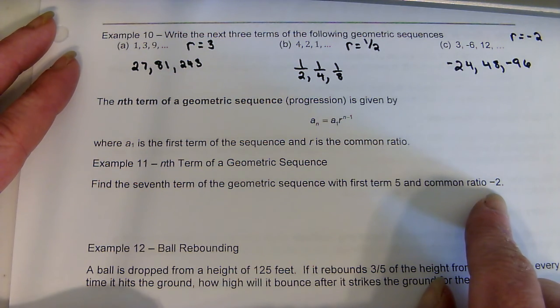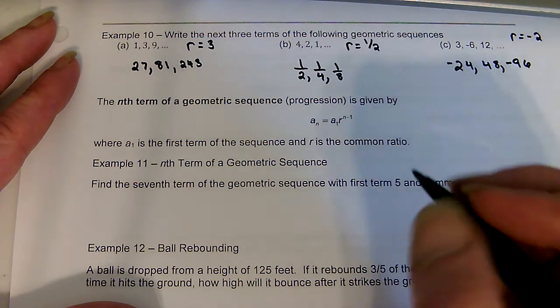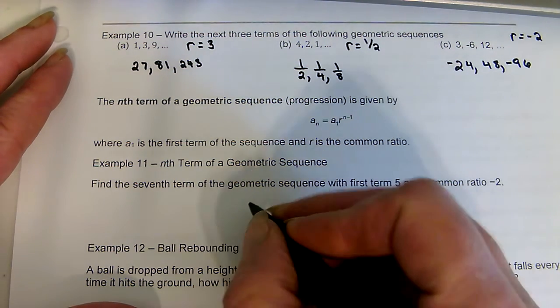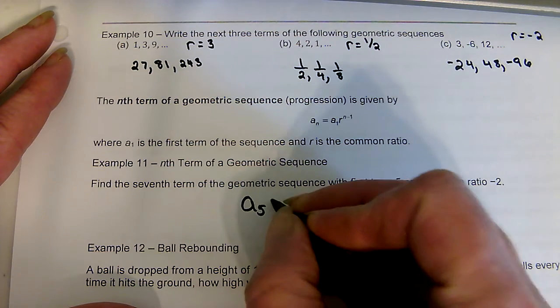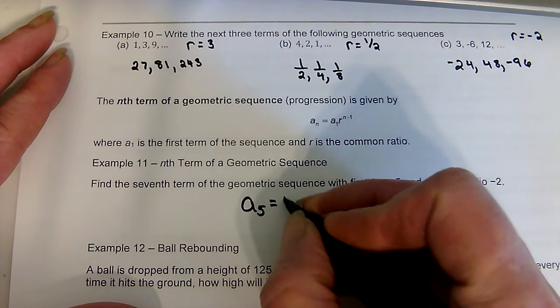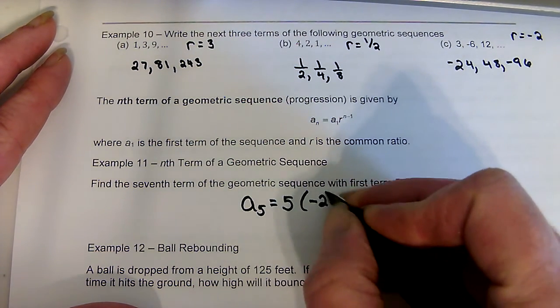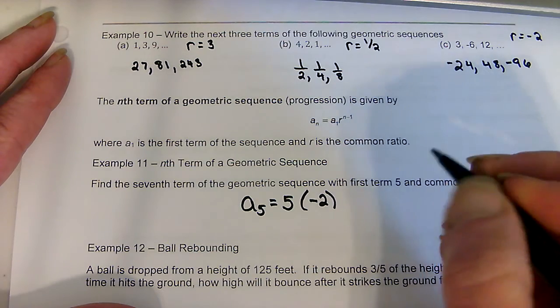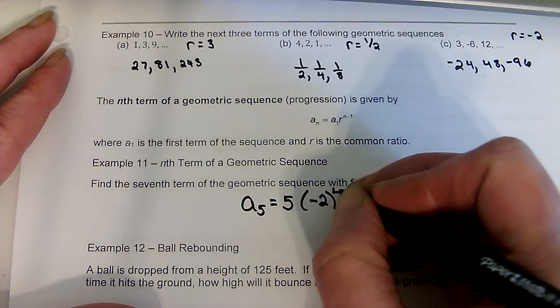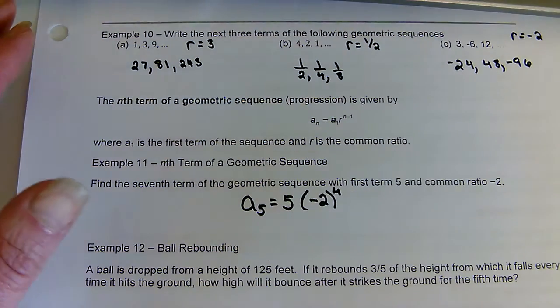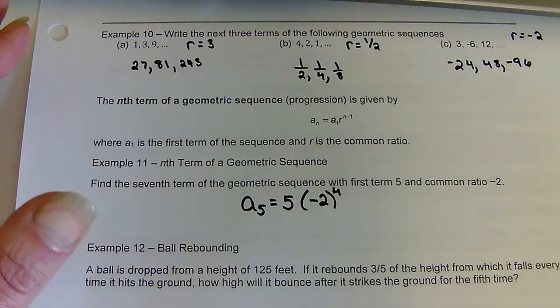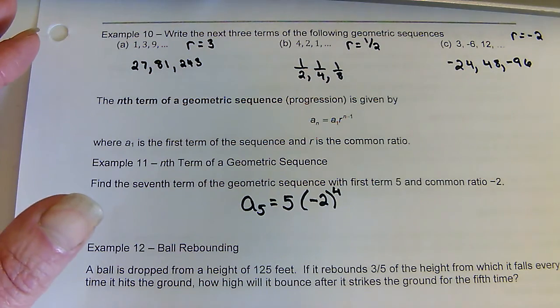Again, you could write out all of them if you wanted. I'm too lazy. So a sub 5 equals, the first term is 5, the common ratio is negative 2, and then we're going to the n minus 1, so that would be to the fourth power.